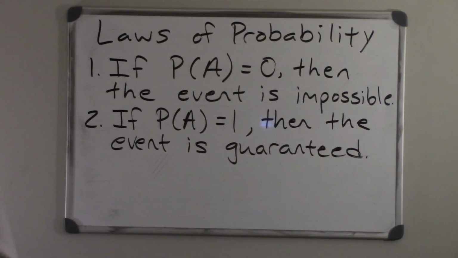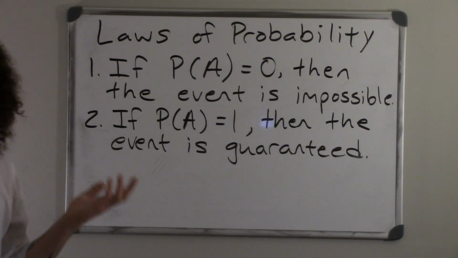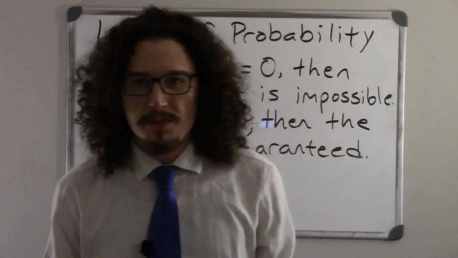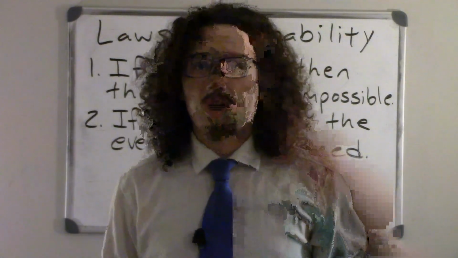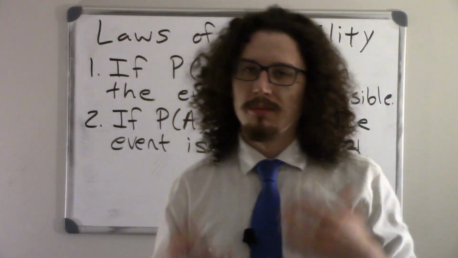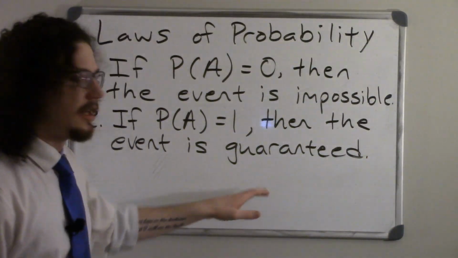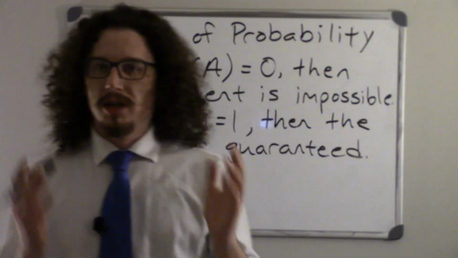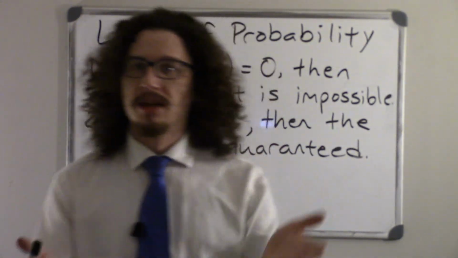We would see this if, for instance, every outcome in our sample space belonged to the event. Then you're just doing however many over the same number, and you're going to get 1. It's saying it's guaranteed. Doesn't matter which of those outcomes you land on, you're going to land in this event.